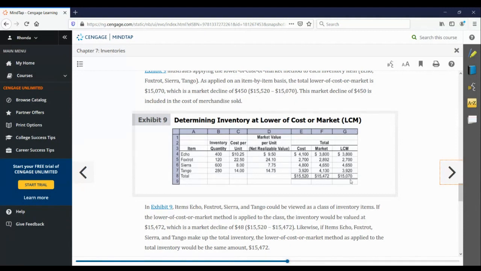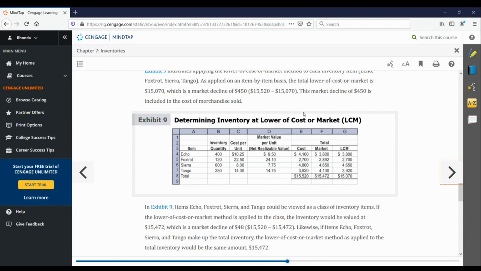That was the difference between the total lower of cost or market and the total of the cost. Since the total of the cost was higher than the lower of cost or market, we need to value our inventory at this lower amount. So we'd find the difference between these two, which is 450, and we will have to reduce our merchandise inventory by $450.